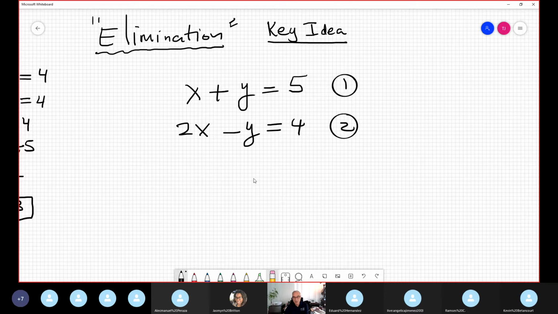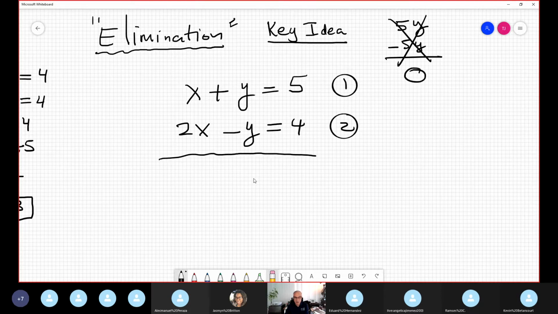Not necessarily, for example, you have 5y and negative 5y. It's ready for elimination because this cancels and the answer is 0. I can see here, okay, y is positive, coefficient is 1, and y is negative, coefficient is 1.